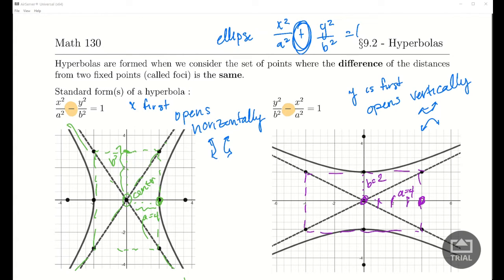And you can see this box. In an ellipse, you would have drawn these 4 points and then connected them with the ellipse. Now you're going to connect them with a dashed box, and then draw those asymptotes through the corners. So this is a vertex, this is a vertex, this is the center. Here, this is your vertex where the hyperbola actually is. Now, on this one, you can actually see the foci.